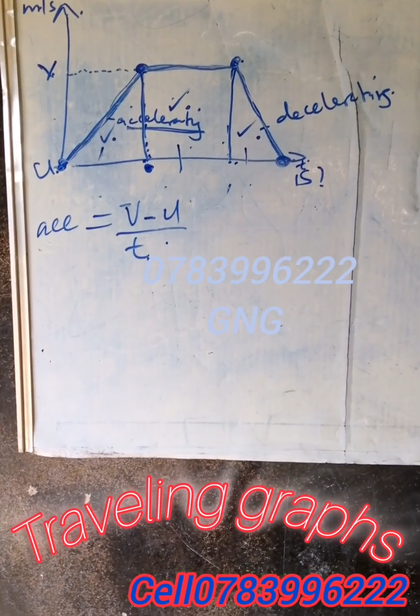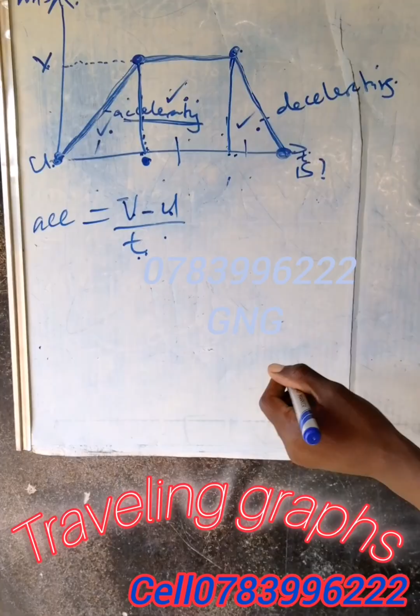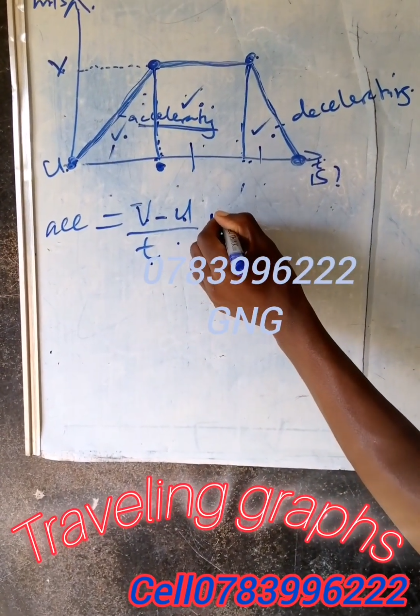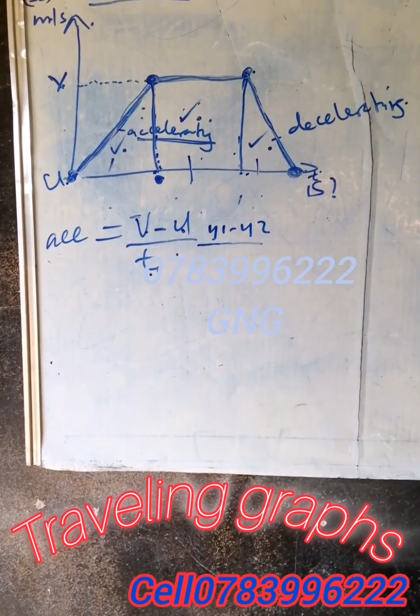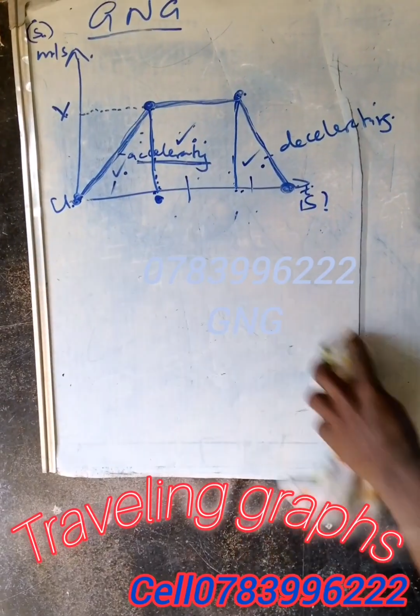We can find our acceleration by saying final velocity minus initial over time taken, or we may use the gradient formula, y1 minus y2 over x1 minus x2, because acceleration is the slope, right?